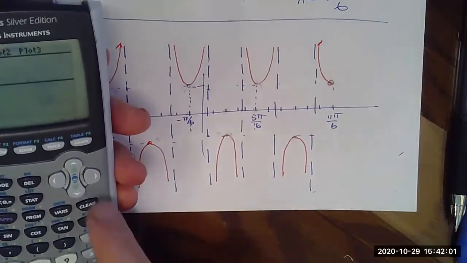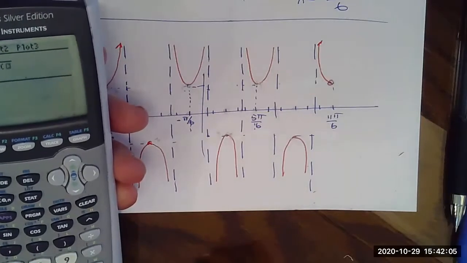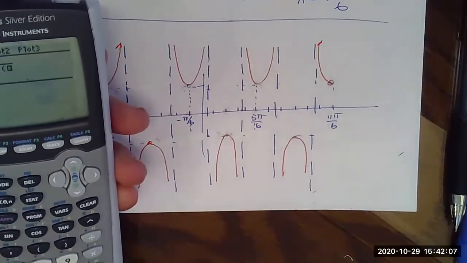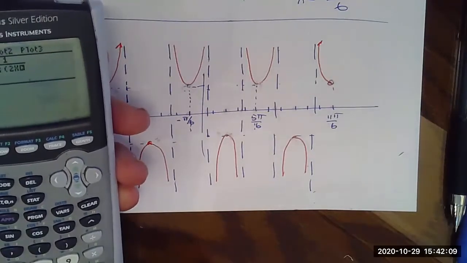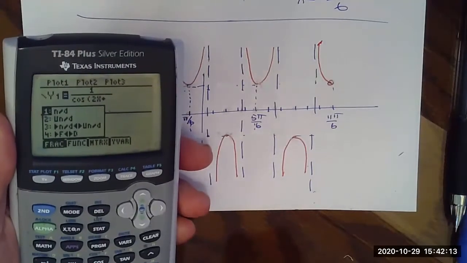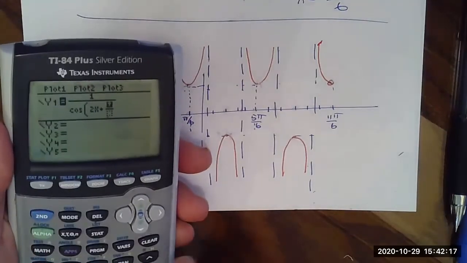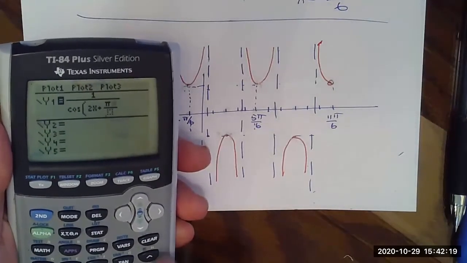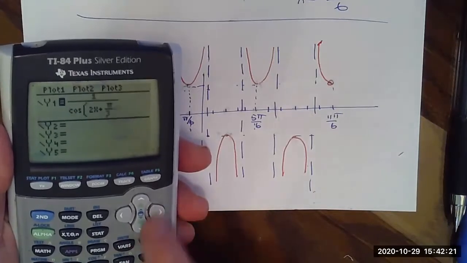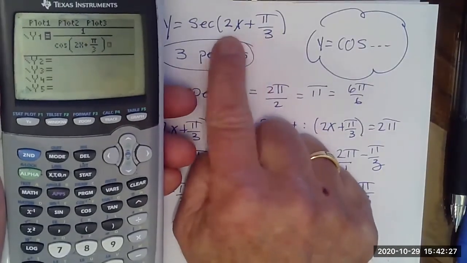So 2x plus pi over 3. Yeah, I want this, except it's 1 over that.